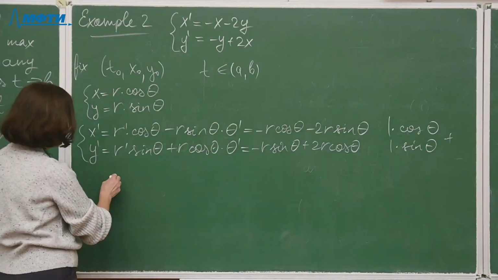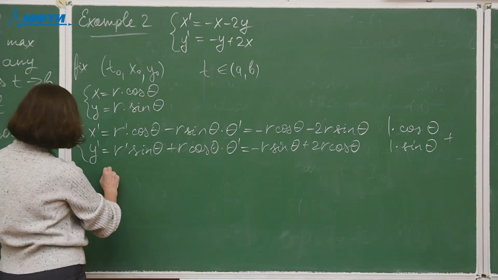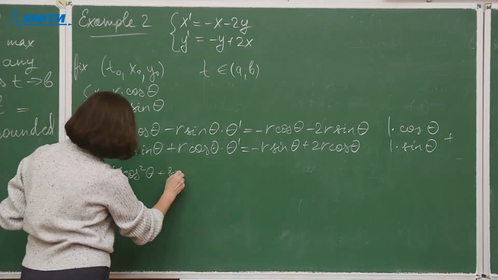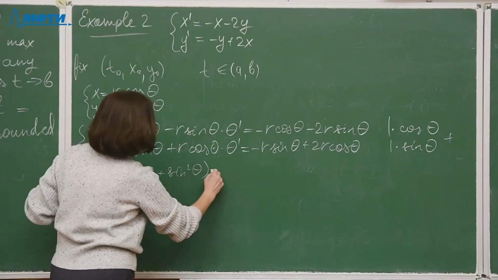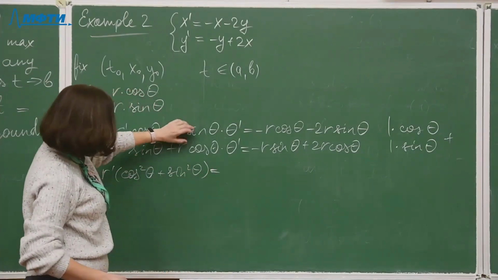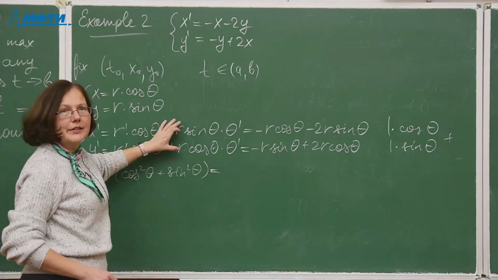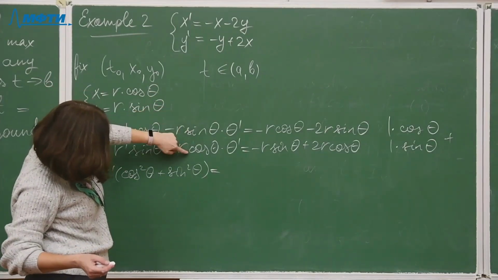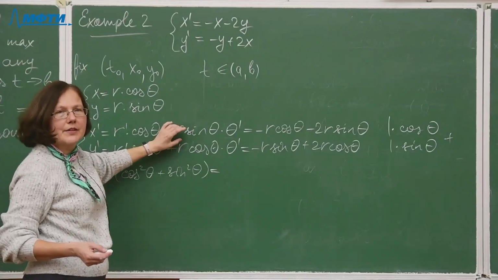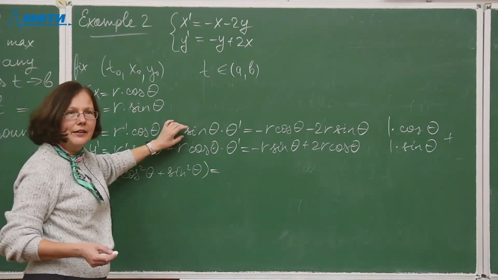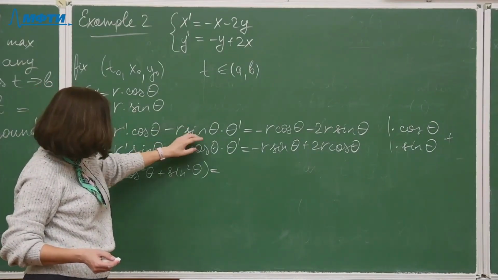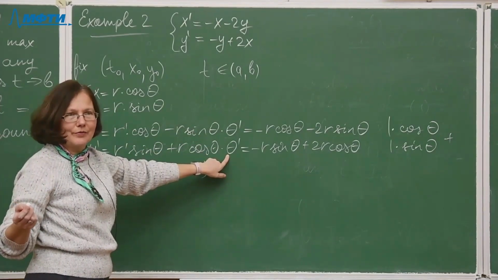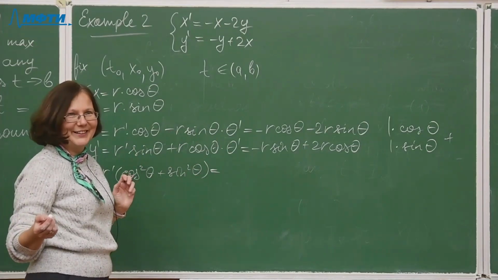And I will get the following. r prime times cos squared theta plus sine squared theta equals, so theta prime will be eliminated. Is it clear? If we multiply this by cos theta and this by sine theta and add them together, theta prime will be eliminated. It will be multiplied by 0. Is it clear? Yes.